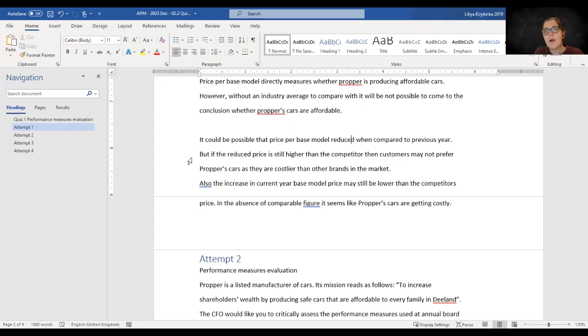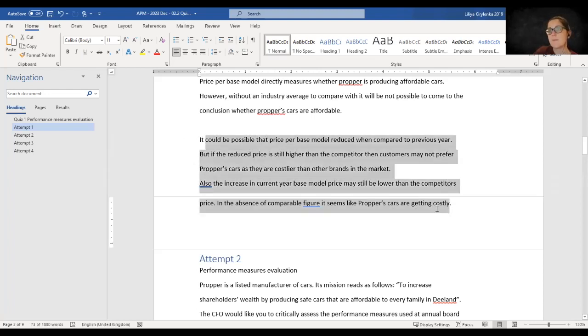So even though maybe Audi is cheaper than Bentley, it is still not affordable to me. So that is not really relevant. Also, the increase in current year base model price may still be lower than the competitor's price. In the absence of comparable figures, it seems like Prober cars are getting costly. Well, again, too many different ideas.